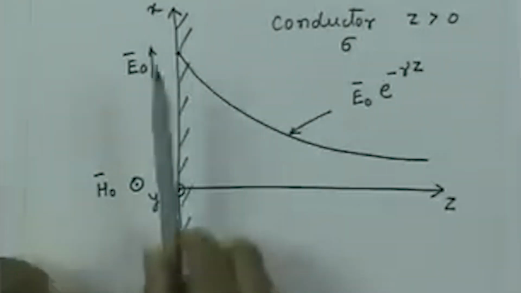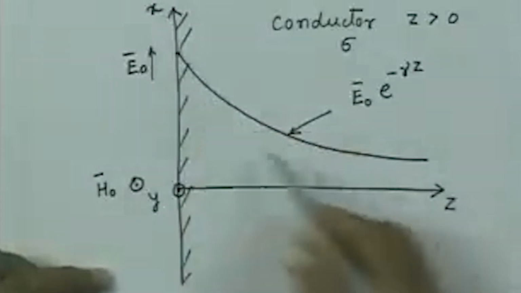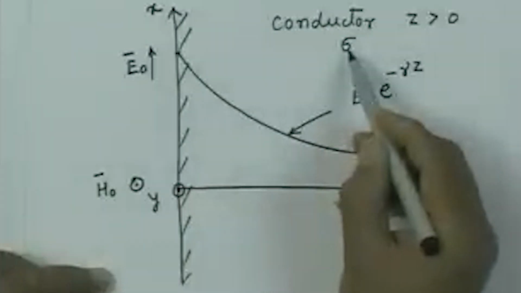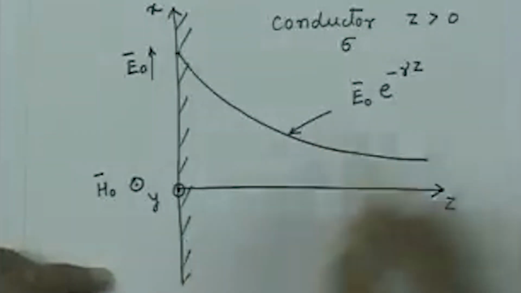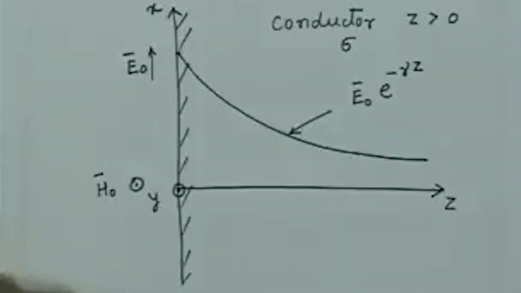So once we know the electric field value at the surface of the conductor, this law is very well defined. It is an exponential law, and once you know the conductivity of the medium and the frequency, this gamma is a parameter of this medium.